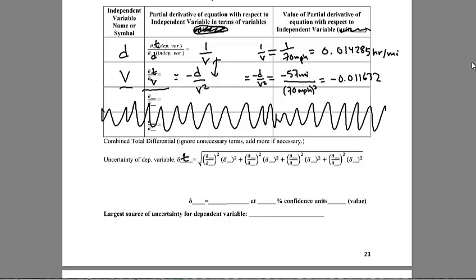So our uncertainty on our time is going to be the partial of time with respect to distance multiplied by the uncertainty on the distance, and we'll square each of those terms, and then we'll add to it the partial of time with respect to velocity, square that, and multiply that by our uncertainty on our velocity and square that. We don't need these terms because we only had two independent variables.